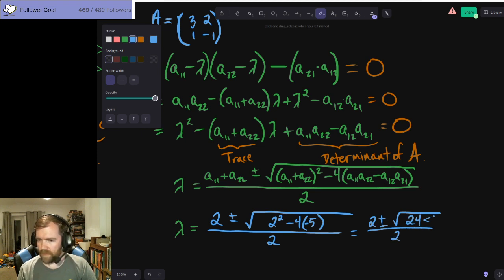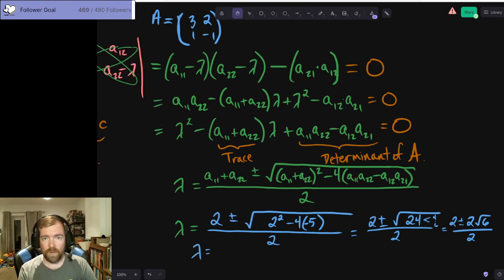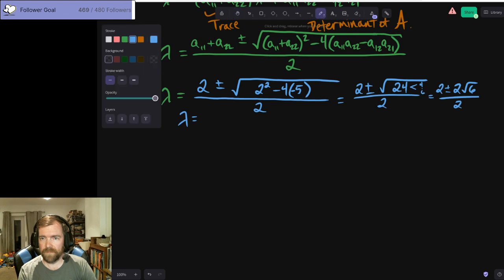Yeah, we can get a 4 out of that one, leave behind a 6. So 2 plus or minus 2 root 6, all over 2. Hooray! So our lambda for this particular system is going to be 1 plus or minus the square root of 6.